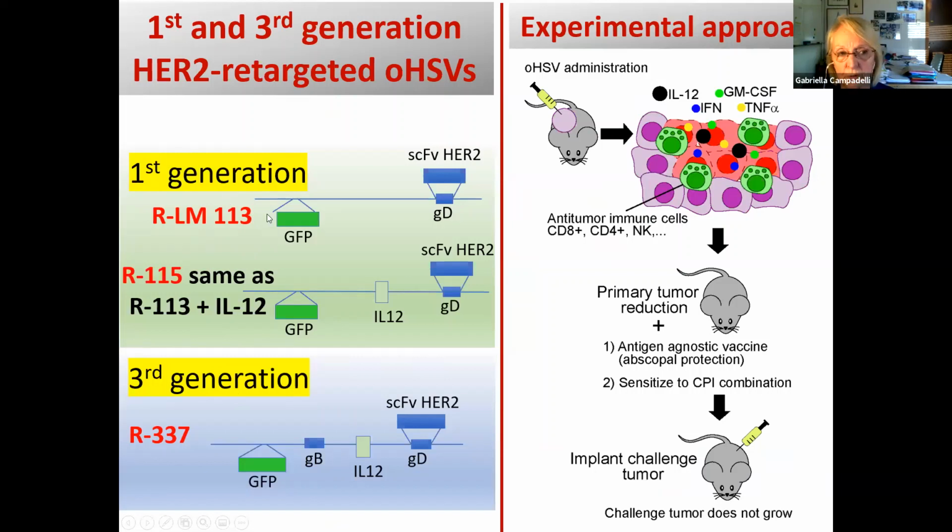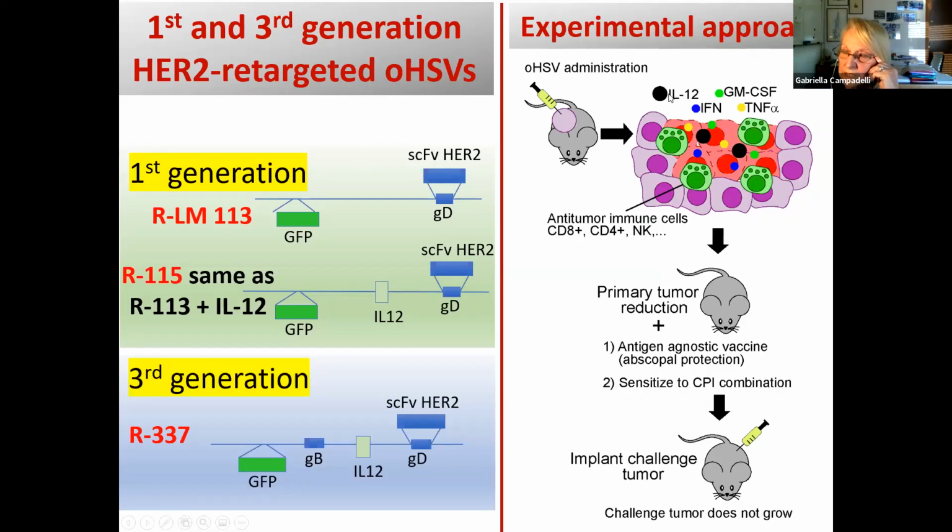First generation is 133. The 115 virus carries IL-12. And the 3rd generation virus also carries an IL-12. And this is the experimental model. We administer the tumor subcutaneously, in this case. When the tumor is established, we administer the virus.